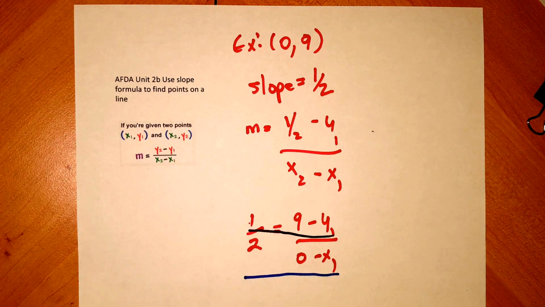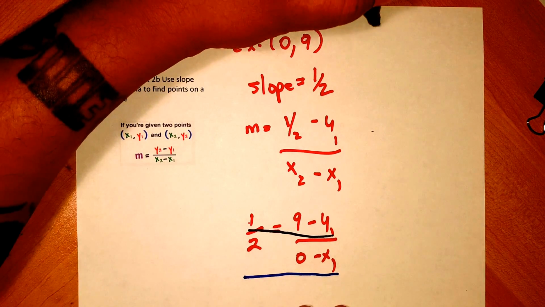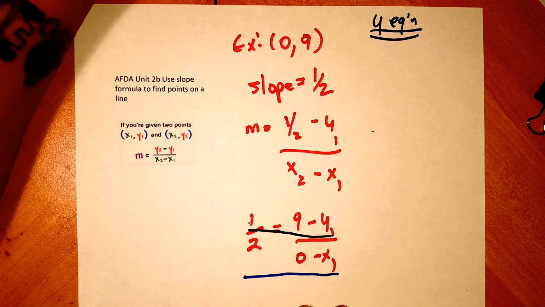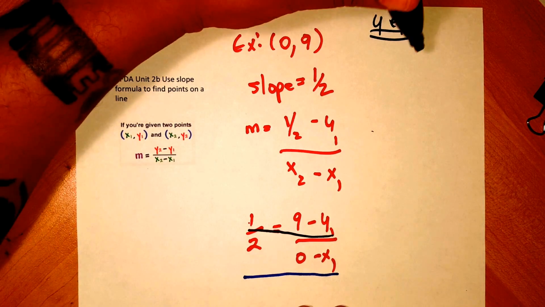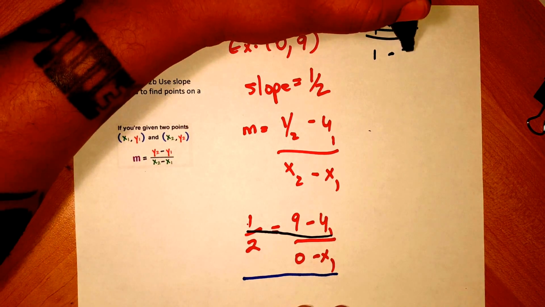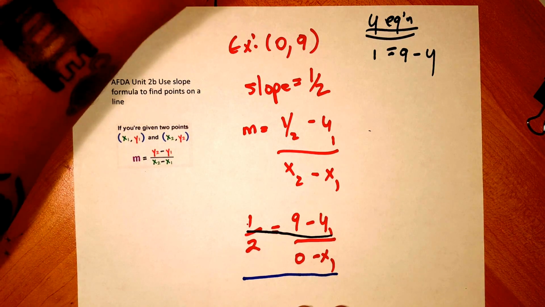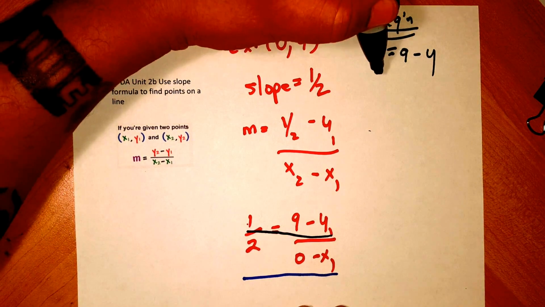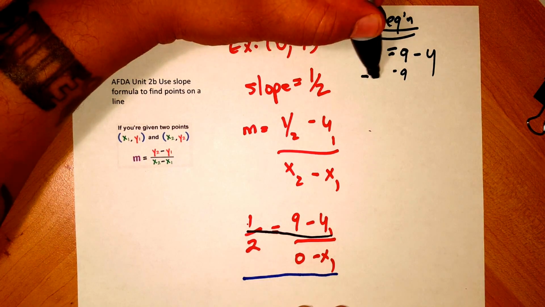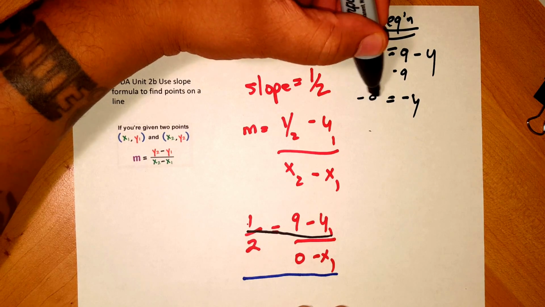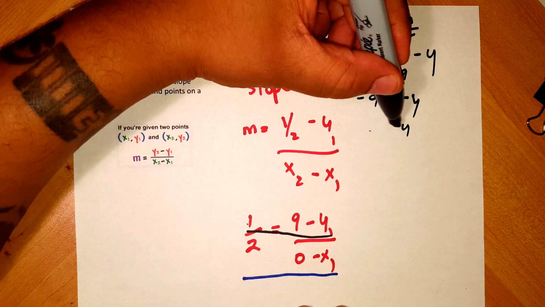Okay, so our y equation is going to be 1 equals 9 minus y. And we'll subtract 9 from both sides. So we have negative y is equal to negative 9, or just y equal to 9.